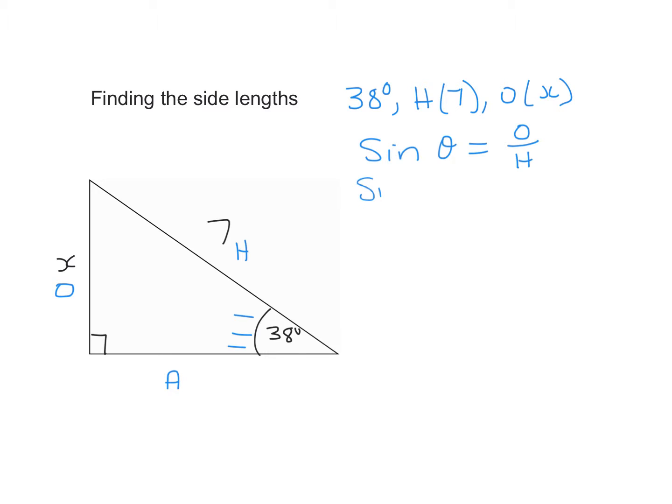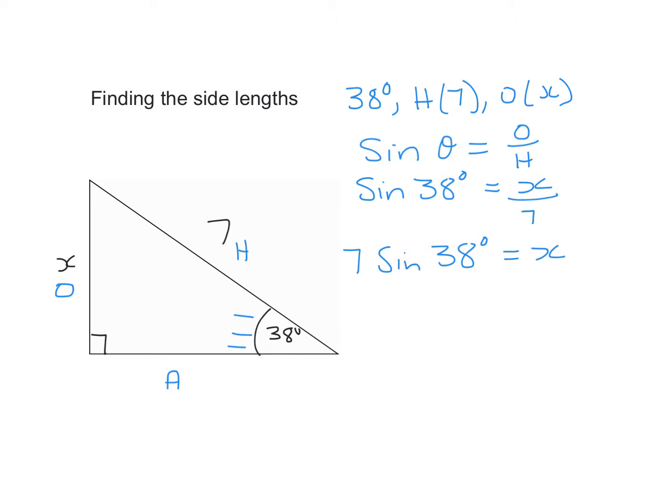So we have sine of 38 degrees equals, well, the opposite is my x, and my hypotenuse was obviously 7. I then need to sort out my divide by 7, so I'm going to multiply each side by 7. So I'm going to have 7 sine of 38 degrees is equal to x.